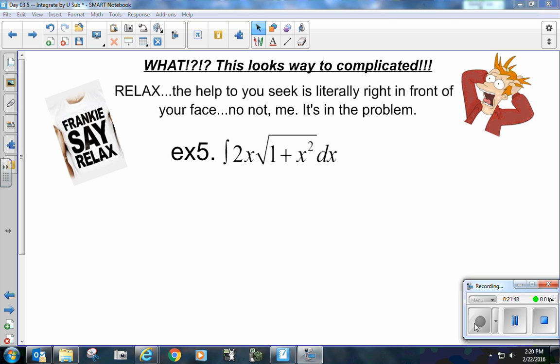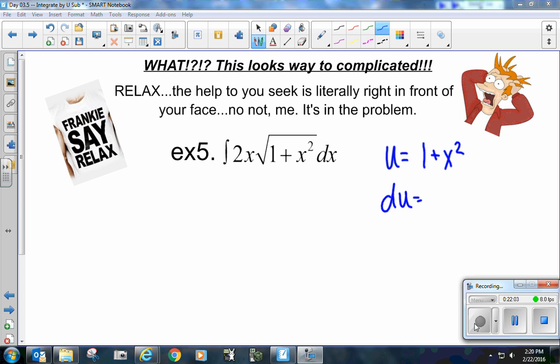So what do we got to do? What do you think I'm going to make my u equal to? 1 plus x squared. So what does that make my du? 2x dx. So what do you notice as I substitute in?